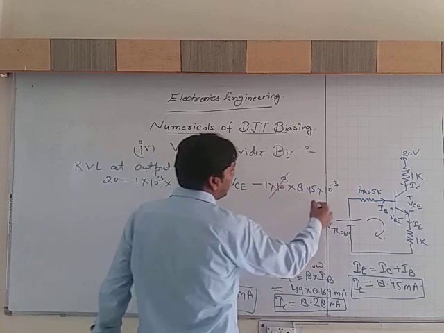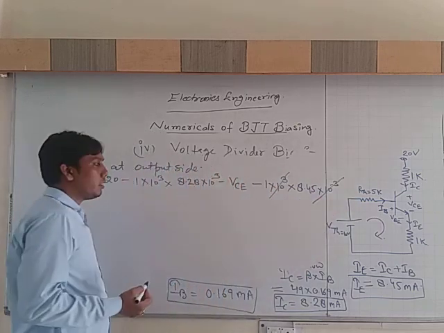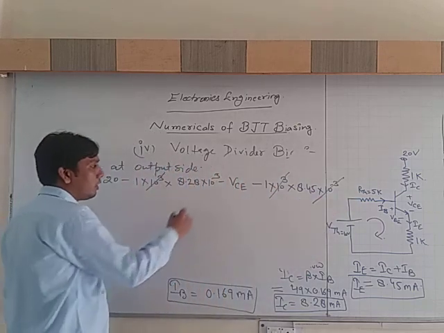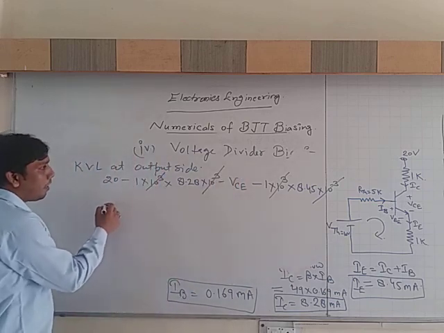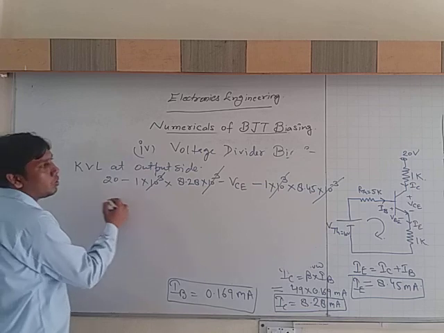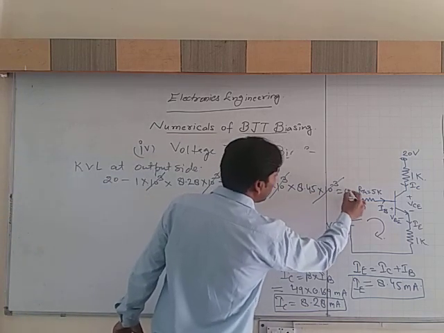The powers of 10 cancel out, and this equals 0.